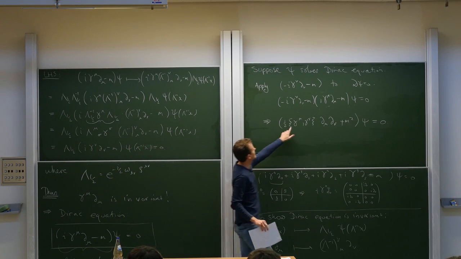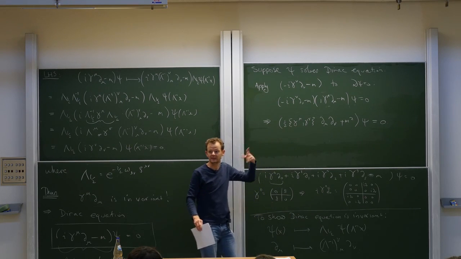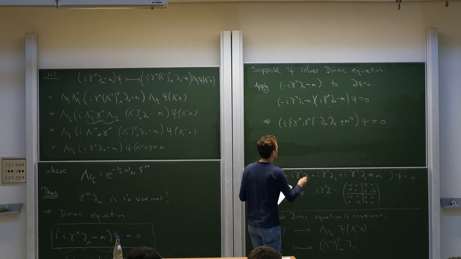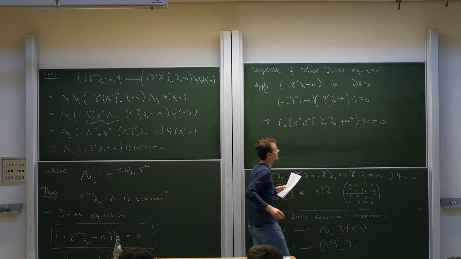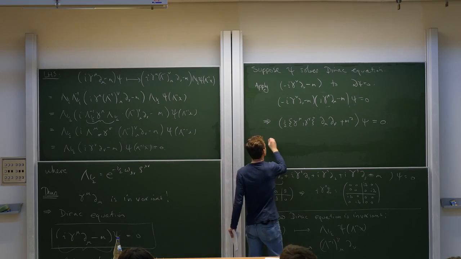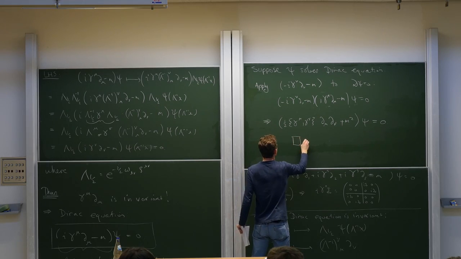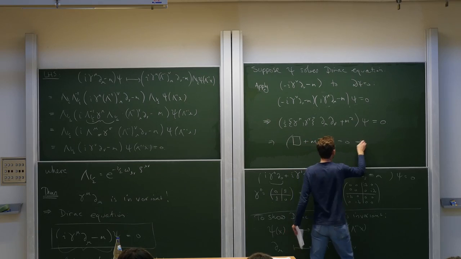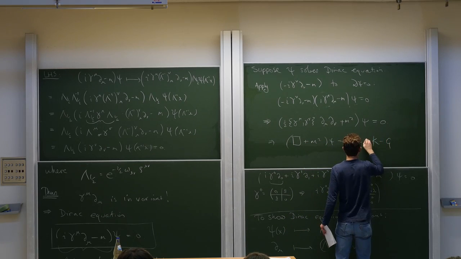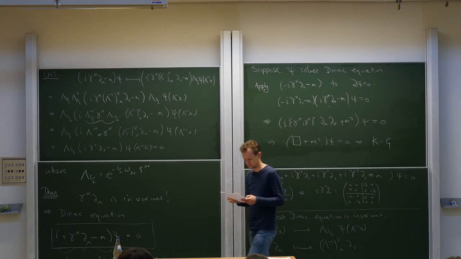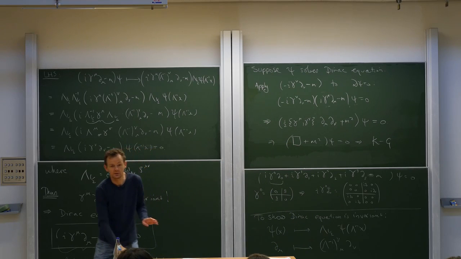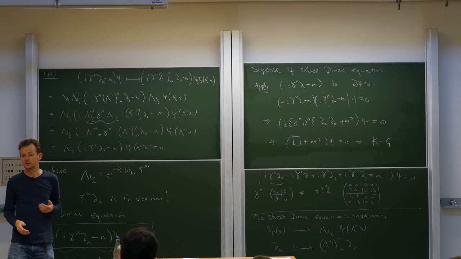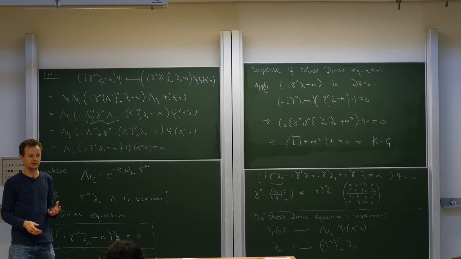But we know what the anti-commutator between gamma mu and gamma nu is. By definition, it's 2 times eta mu nu, which raises that index and then gives us the Klein-Gordon equation. So the Dirac equation is a stronger condition on the components of psi than the Klein-Gordon equation is.